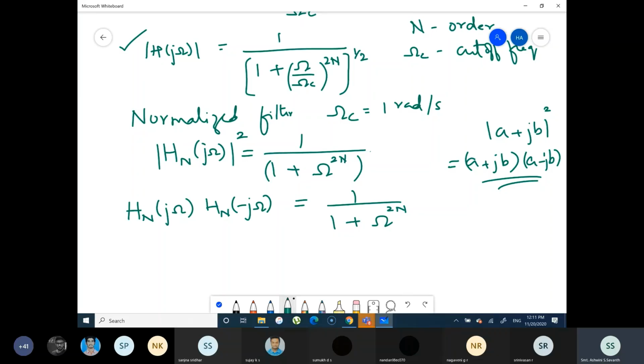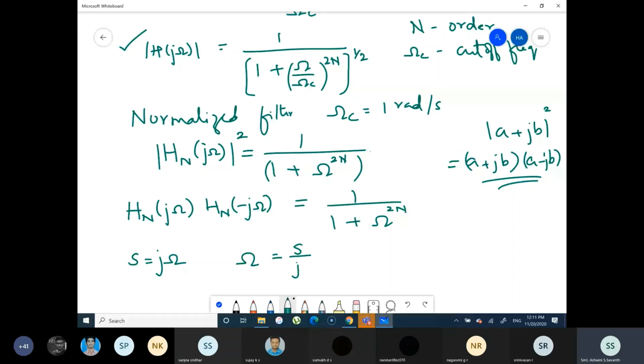Okay. Now to convert the frequency response into the transfer function of the analog filter, we will substitute s equals j omega. So what is omega then?